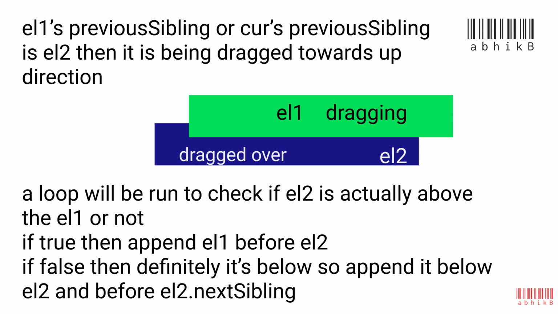So what it actually means is whether we are going up or down. If the element that is dragged over is above the element that is being dragged, then it will return true, that is we are dragging upward. Otherwise it will return false, which means we are dragging downwards, not upwards. So that's what isBefore is doing.